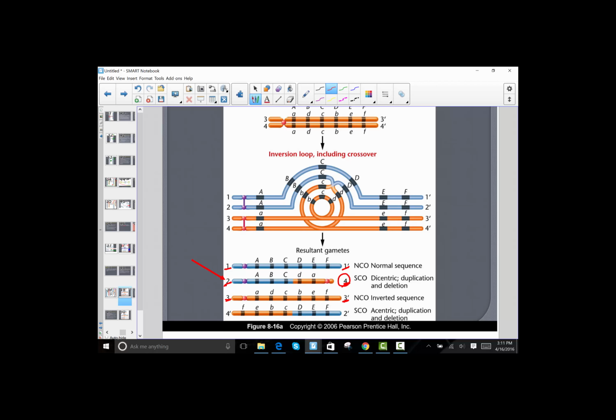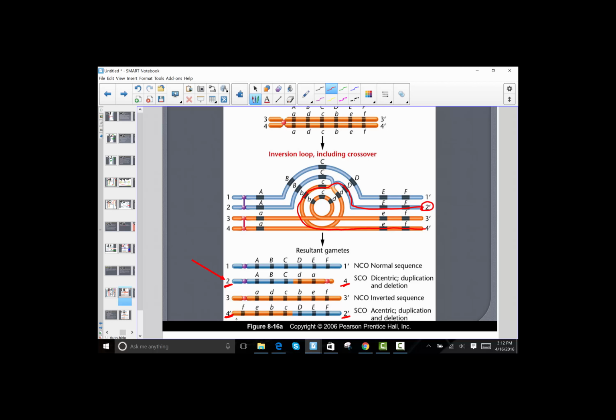So 4 prime, we're going to start with E, F, B, C, D, E, and F, and actually we're going to come out with 2 prime. So remember that with this one we started out at a beginning and we ended with a beginning. Now we're starting out with an end and ending with another end.